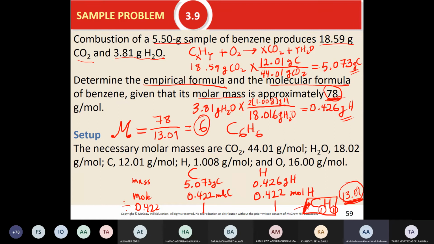Clear? Yes, it's clear. This should be 13.02, not 1. Somebody gave me 9, but it is 2, isn't it? Yes, right.